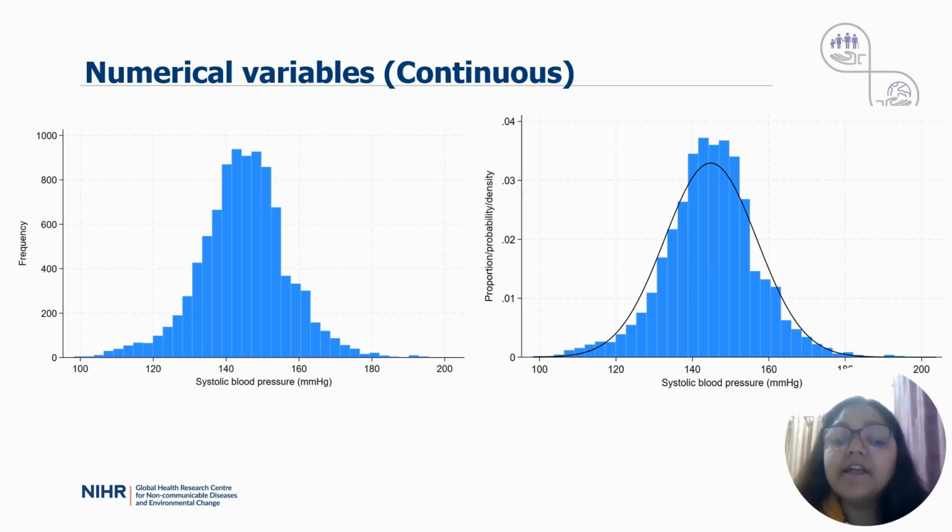So, this kind of a frequency distribution can be interpreted not only in terms of the number of people, but also the probability of an event, where the event is described as a participant having an outcome value in a specific range.